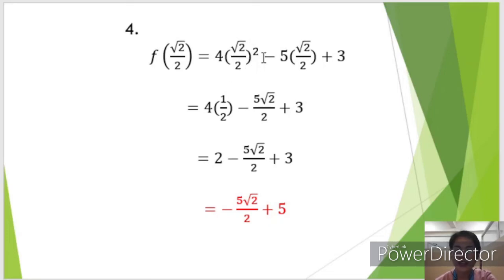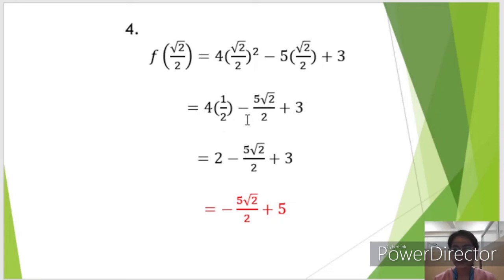So, kapag in-evaluate mo siya, magiging square root of 4 over 4 siya. Ayan. So, square root of 4 over 4, kapag in-evaluate natin, magiging 1/2 na lang. Bakit? The square root of 4 is 2. And then, 2 over 4 is equal to 1/2.